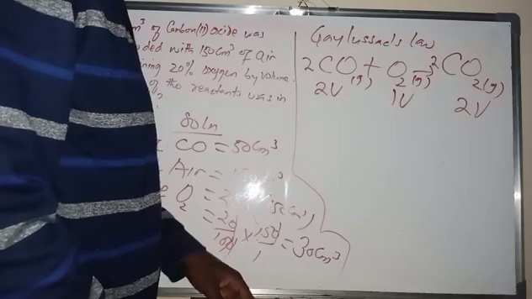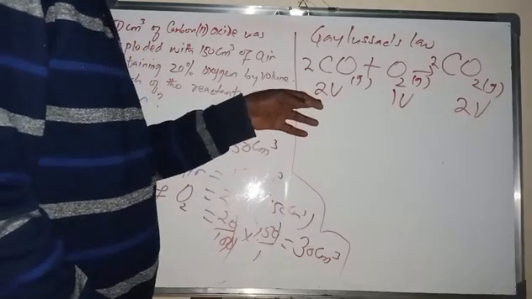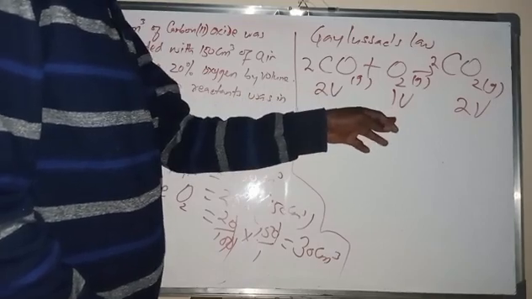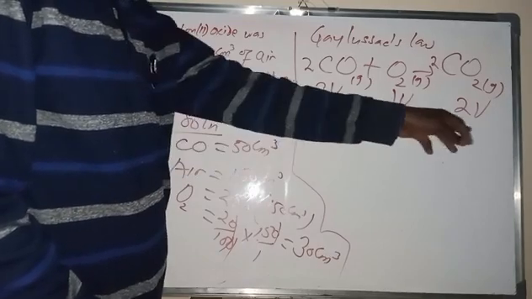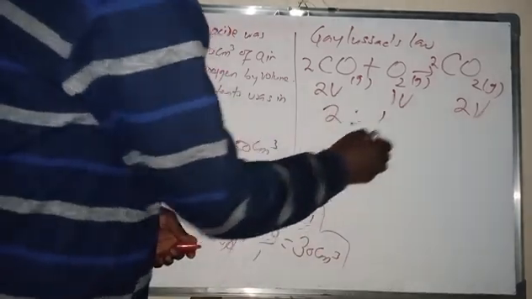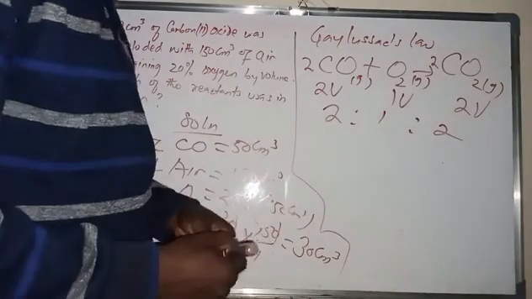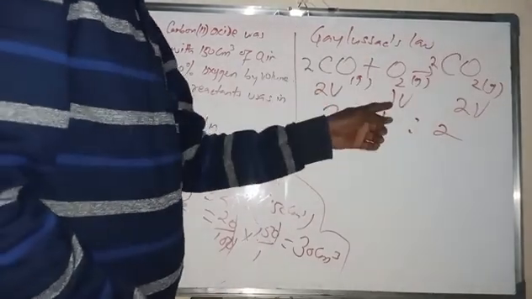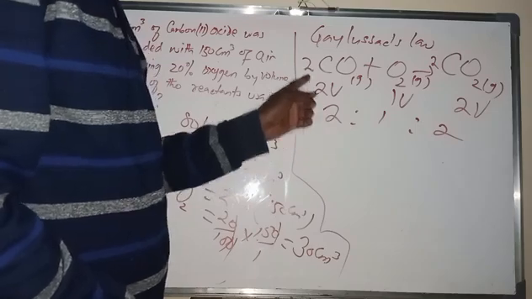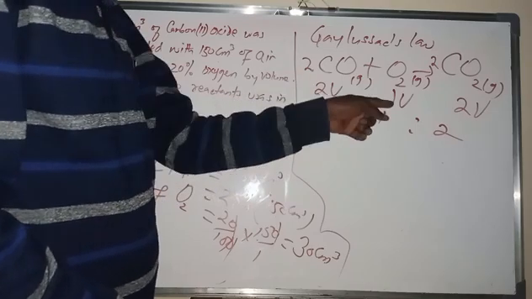For instance, 20 cm³ of CO needs 10 cm³ of oxygen to produce 20 cm³ of carbon dioxide. The ratio is 2 to 1 to 2. So for every volume of oxygen required, twice of CO is required, or for every volume of CO, half of it in oxygen is required.